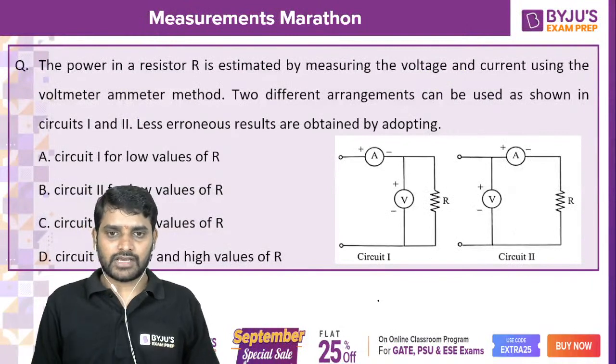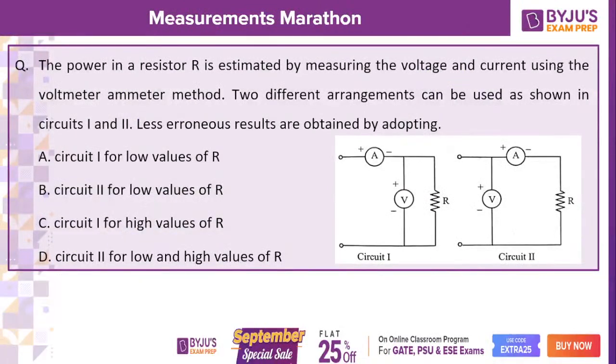Clear? Now I have got a question. Can you tell me the answer for this one? Look at the question and tell me. The power in a resistor R is estimated by measuring the voltage and current using voltmeter ammeter method.